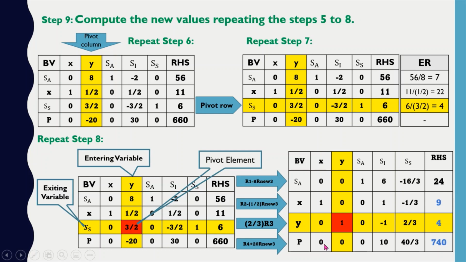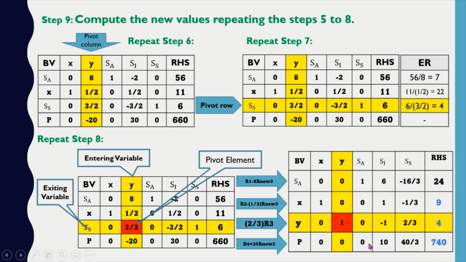Next, we have negative 20 plus 20, but of course, our new row 3 here is equal to 1. So that is why negative 20 plus 20 is equal to 0. Next, column SA, we have here 0 and another 0 for our new row 3, which is 0. So that's why our profit column SA is 0.